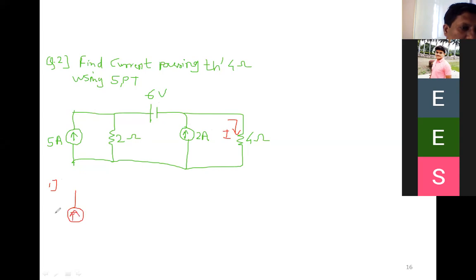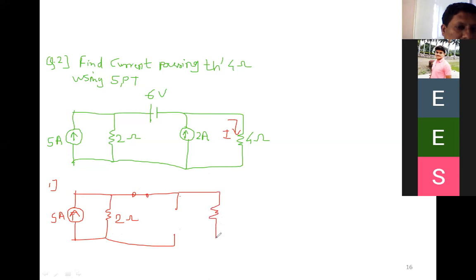So this is the current source, 5 ampere. This will remain 2 ohm as it is. This I will short. This I will make open. And this is 4 ohm.